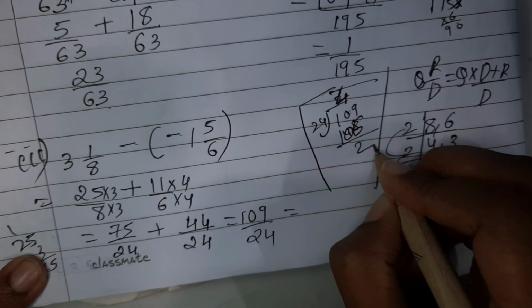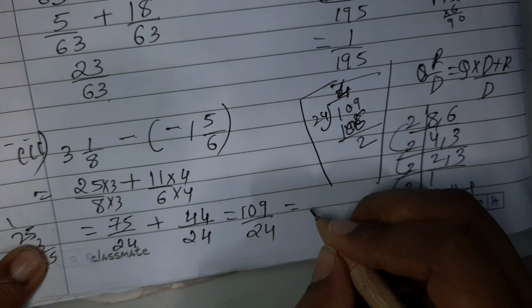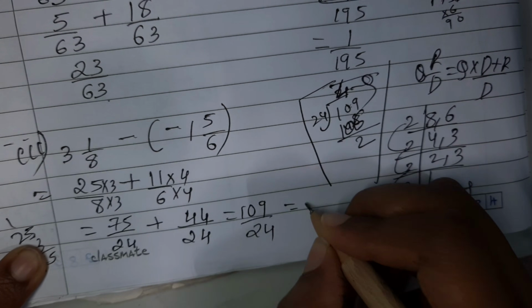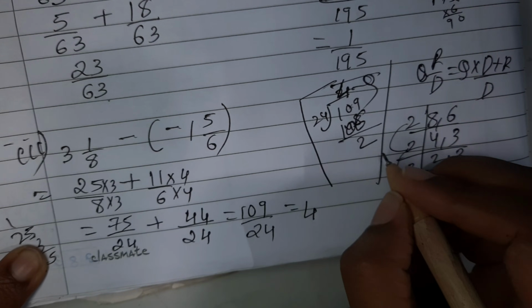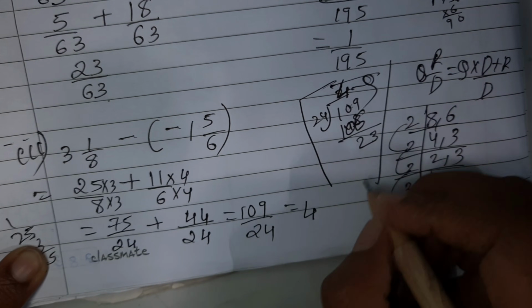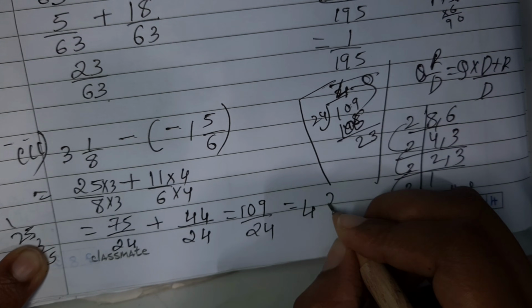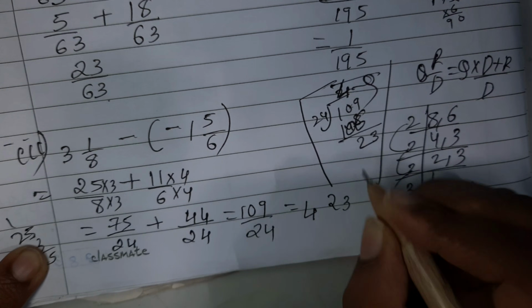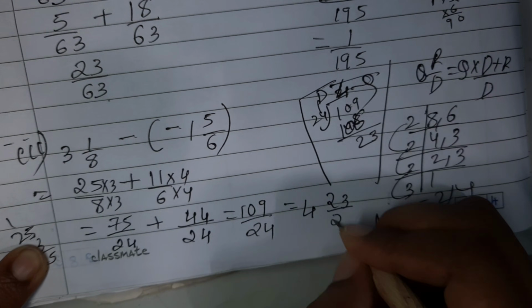So here I will get 2. So remainder will be... this is your quotient, so it will be 4. Here I will get 23 and divisor is this, so upon 24.